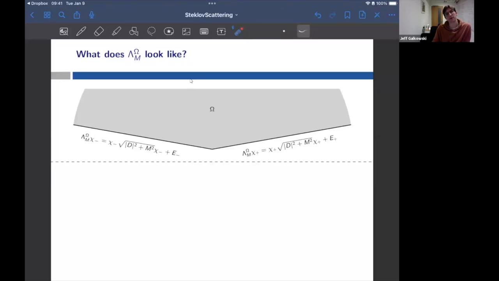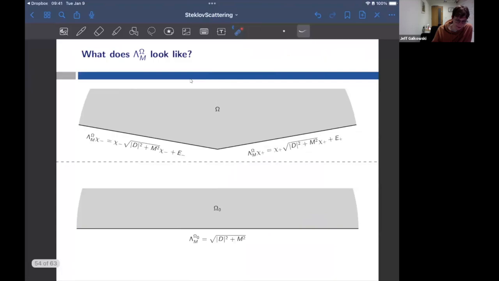Okay, so that could lead you to guess that also the Dirichlet-Neumann map on this infinite sector should look like the Dirichlet-Neumann map for the half plane near infinity. And so that's our guess, is that this thing looks like the Dirichlet-Neumann map for the half plane plus an error. Okay, and the question is, what is this error?